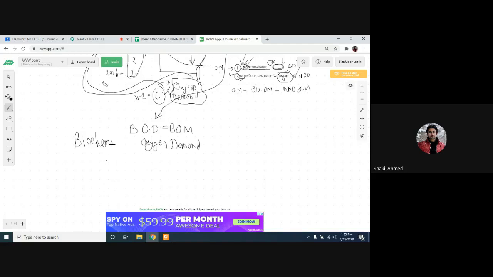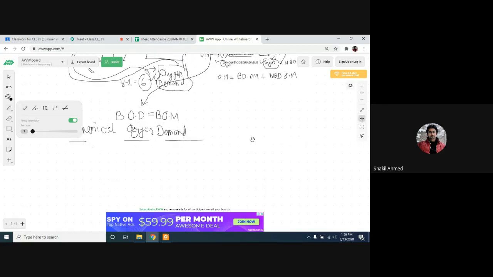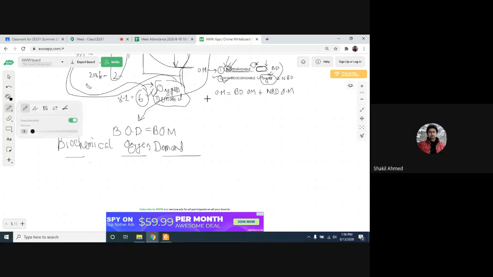Biochemical oxygen demand. Clear? So in the overall organic matter, the portion which is biodegradable, we call it biodegradable organic matter, BDOM.